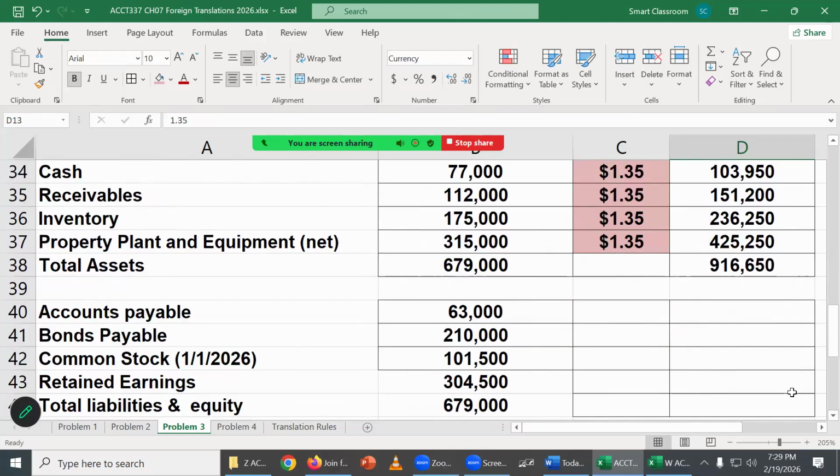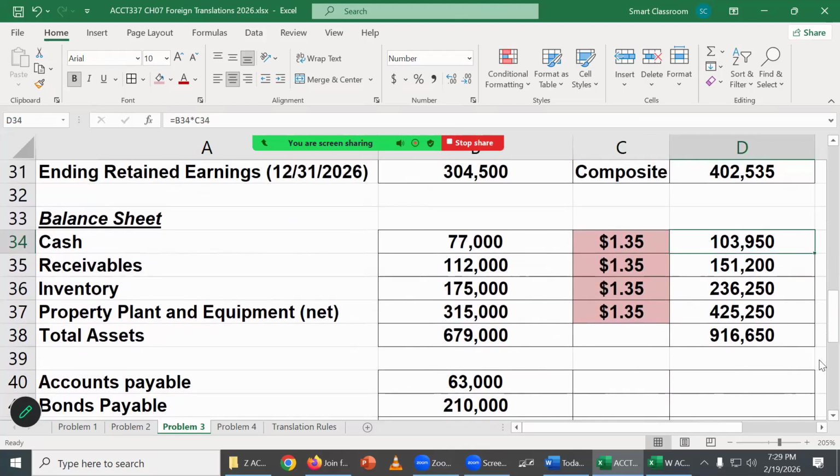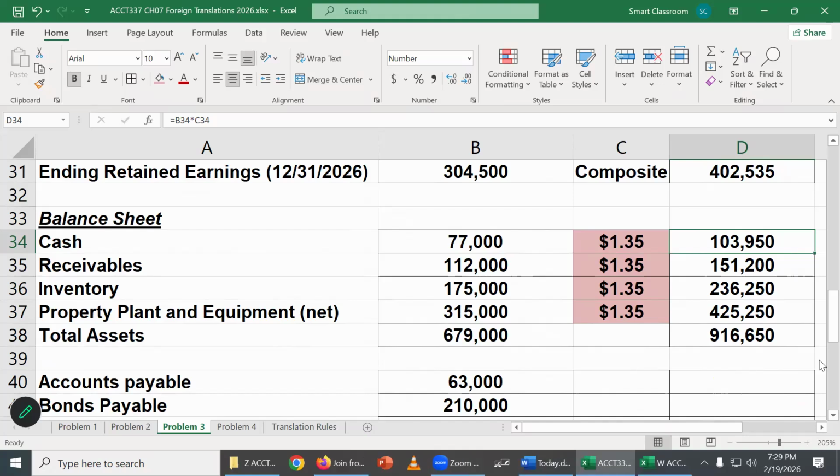Okay, so coming down here, the first one, 77,000 will actually be 103,950. So 103,950 for cash. 151,200 for receivables. Inventory will be 236,250.